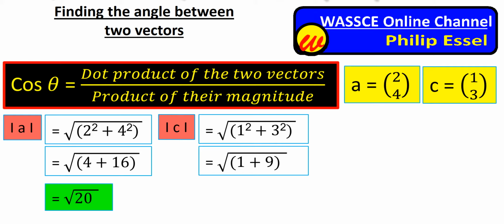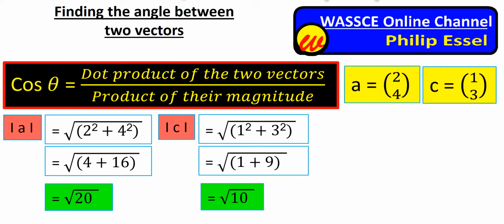And when you compute this, you would get the square root of 10. We know the magnitude of the vector a and the magnitude of the vector c. Let's find the dot product of the two vectors a and c.